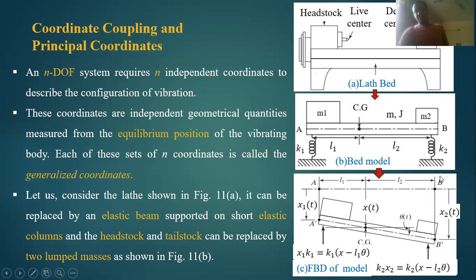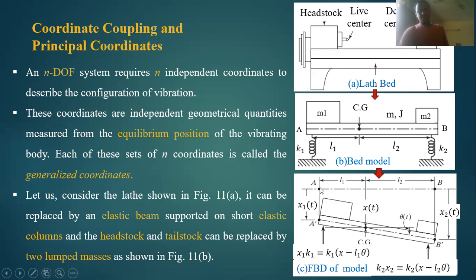So A and B represent the position of equilibrium. This center line represents the position of equilibrium of the system before the excitation or before the vibration. Once it vibrates, point A goes to point A prime, and point B goes to point B prime.